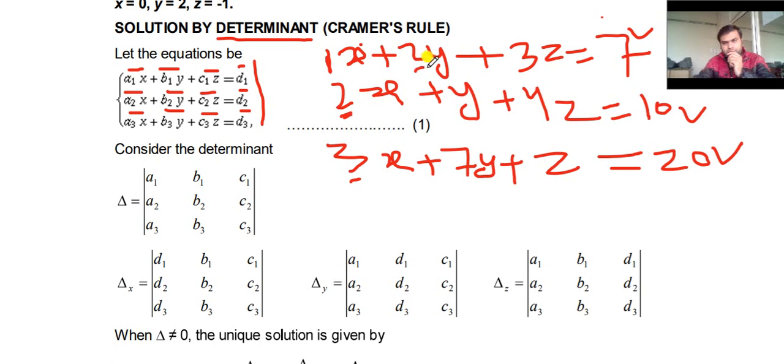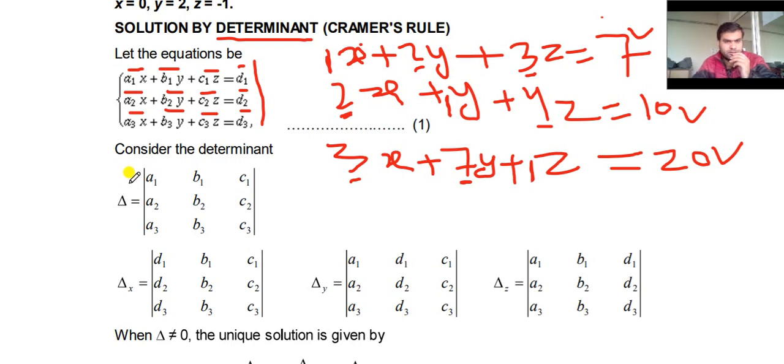The value of b1 is 2, b2 is 1, b3 is 7. Those are in front of y. The value of c1 is 3, c2 is 4, and c3 is 1. So by this we can take the values of a1, a2, a3, b1, b2, b3, c1, c2, c3 and d1, d2, d3.